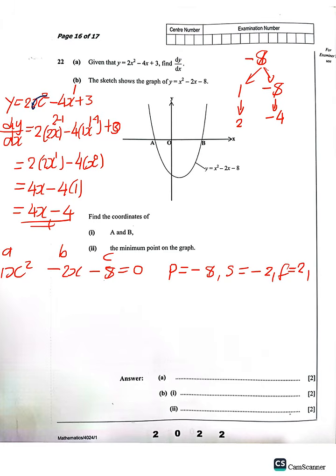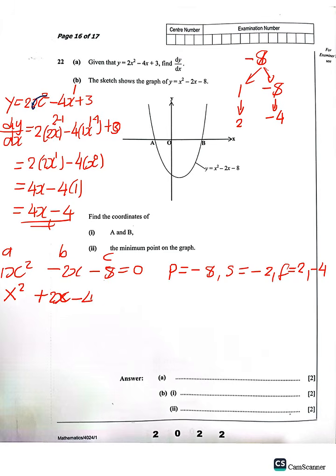So 2, -4. Now whenever you are trying to use this method of finding the factors, make sure the numbers that you are using should be divisible by the product. So now let's proceed. So here we have x squared. Then the first factor is 2. This becomes 2x.